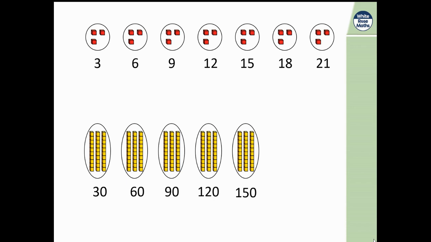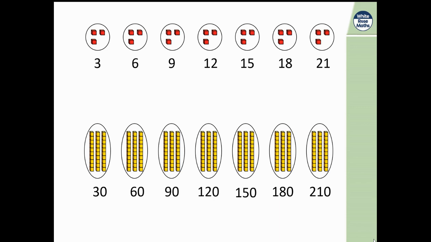So if I know that 7 times 3 is 21, what do you think 7 times 30 is going to be? That's right, it's going to be 210. So 4 times 30 would be 120 because 4 times 3 is 12. 30 multiplied by 7 then is 210.